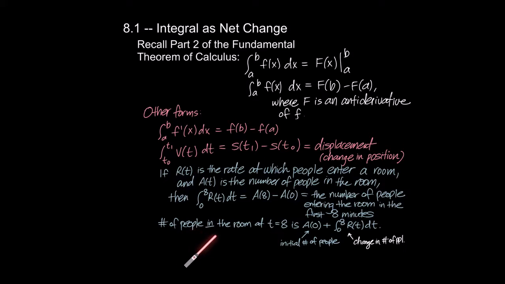Therefore, the number of people in the room at t equals 8 is a of 0 plus the definite integral from 0 to 8 of r of t dt. What we're going to do next is look at a very specific example about motion.